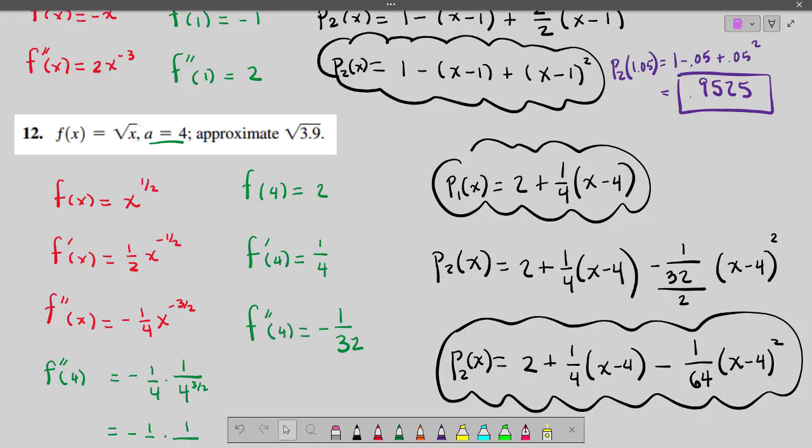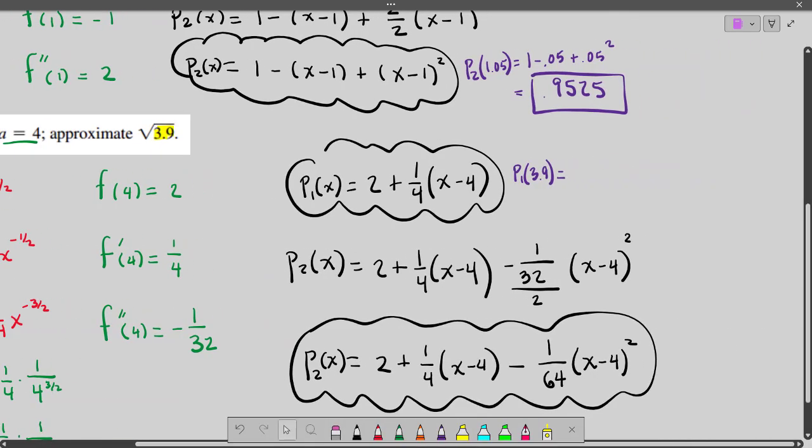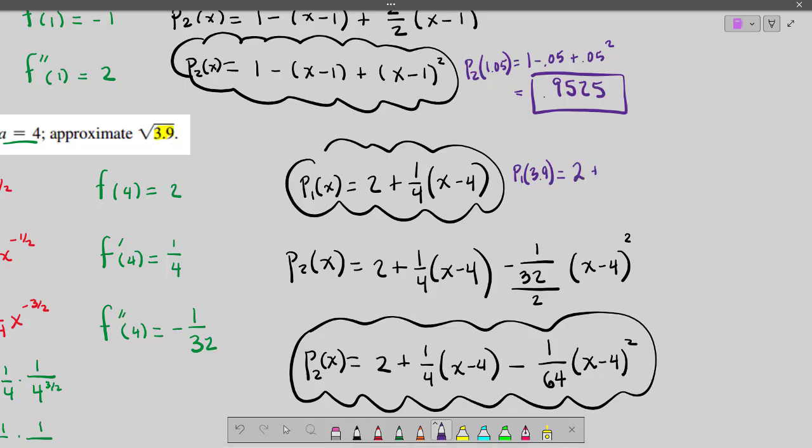So let's check this one. So we have p sub 1 of 3.9. In this case, the x is everything underneath the square root. So that's x right there, 3.9. So p1 of 3.9 is going to be 2 plus a fourth, and then 3.9 minus 4 is negative 1/10, negative 0.1.